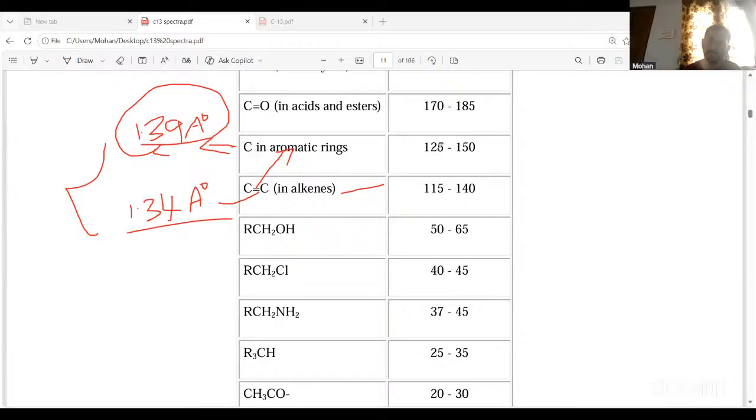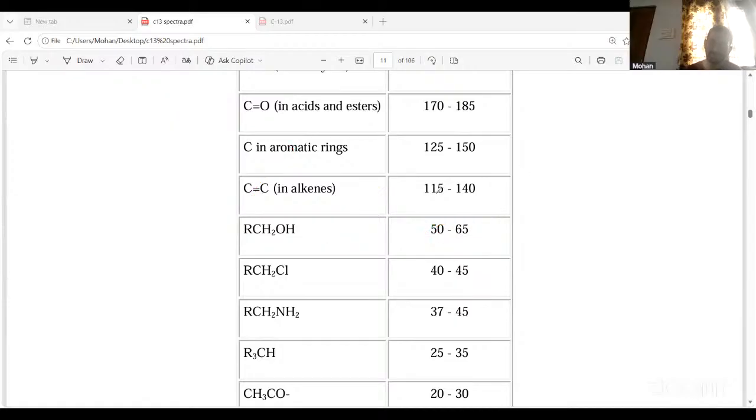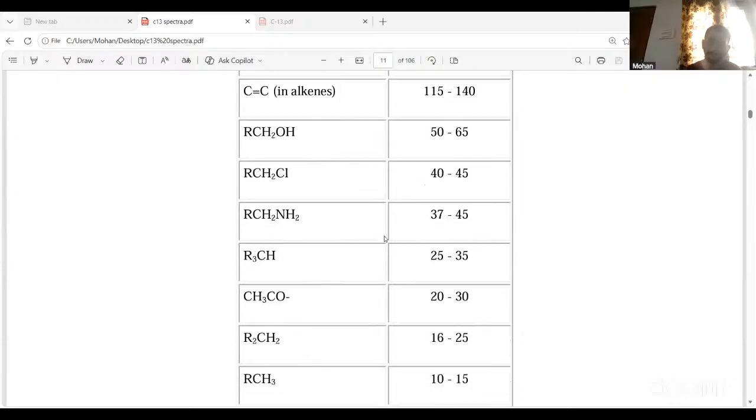So due to this, we can see in the olefins the value is 140 to 150, and in aliphatic alcohols the value is 50 to 65. These values are very important from the practical point of view. And when the primary alkane is attached to chlorine, the value is 40 to 60.